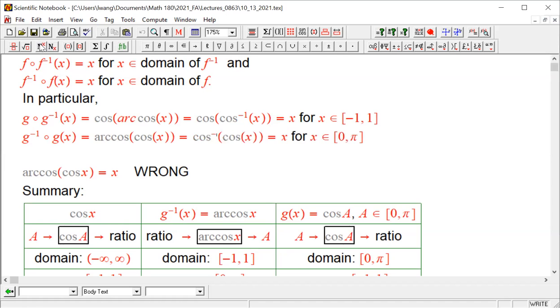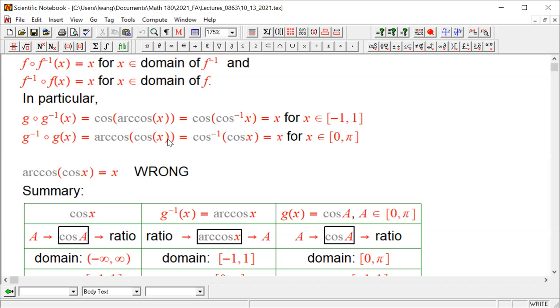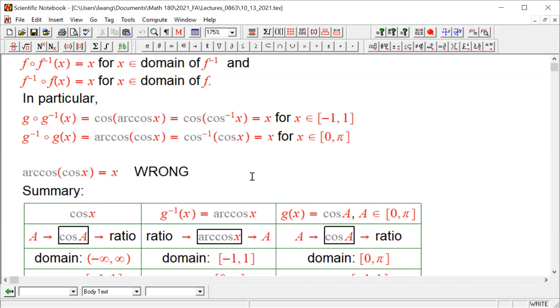These forms are used interchangeably, because ArcCosine and cosine inverse are the same thing. And in a lot of cases this parentheses is not necessary, it's just for being as clean as possible.